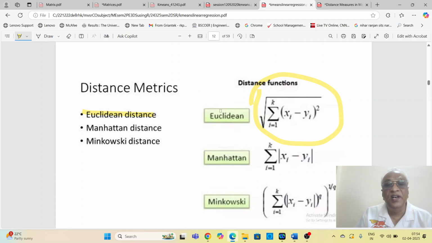We are using Euclidean distance for finding the similarity, which point is nearer to the cluster. So now you know the importance of Euclidean distance in this example. What is the importance of Euclidean distance here?